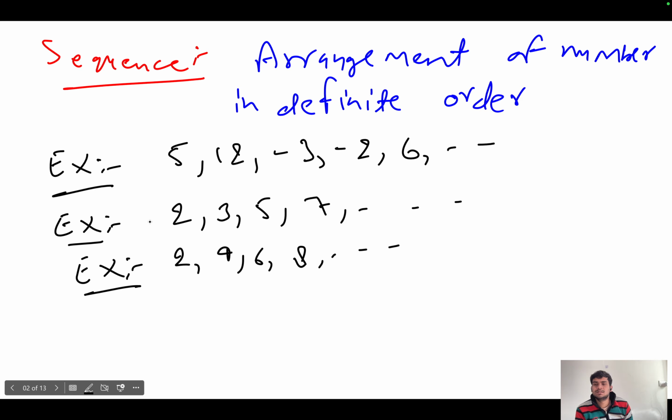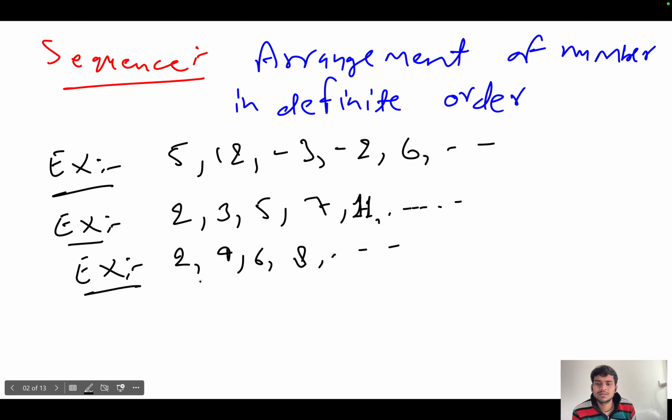As you can see, the terms of a sequence may or may not follow a pattern. In the prime numbers, the terms are not following any pattern: 2 plus 1 is 3, 3 plus 2 is 5, 5 plus 2 is 7, then 7 plus 4 will give 11.